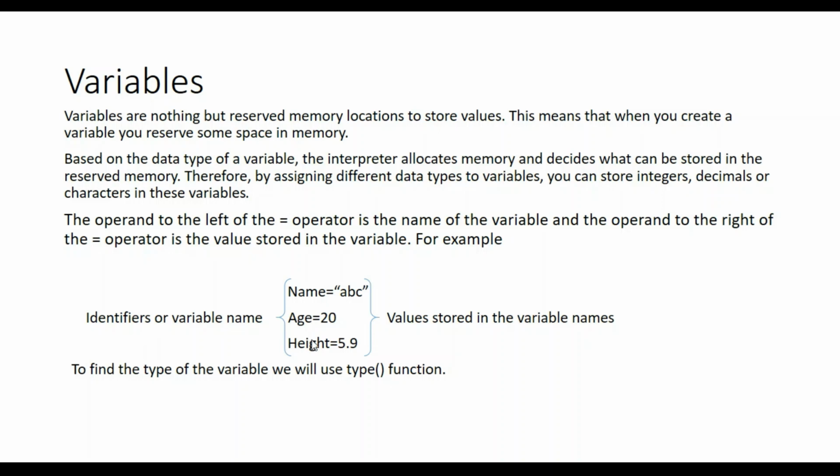See, I have declared three variables here: ABC, 20 and 5.9. Each value is stored inside a variable name or an identifier, so we can easily find the variable. So this is called the variable name or identifier, and these values are known as variables.